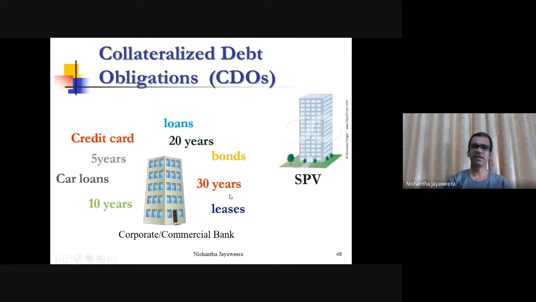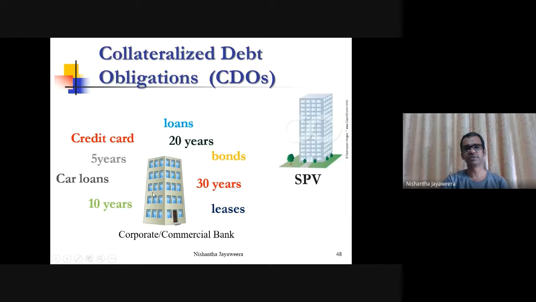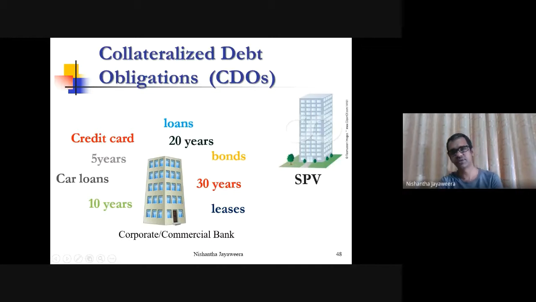The risk there is whether the originator has done a proper assessment when they originally granted these loans, because knowing that they can transfer these assets to the SPV, there's a moral hazard situation. They may not do a proper analysis. So that's the risk in this product.